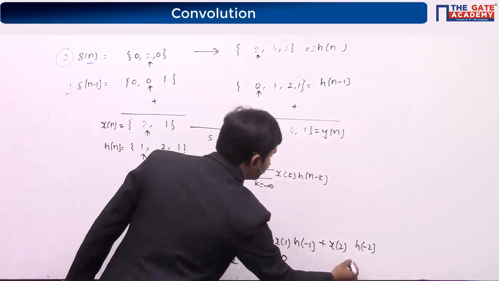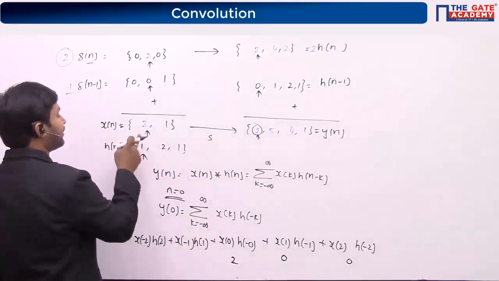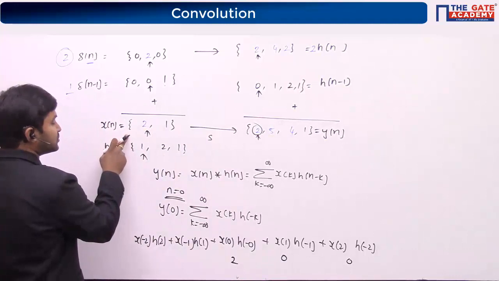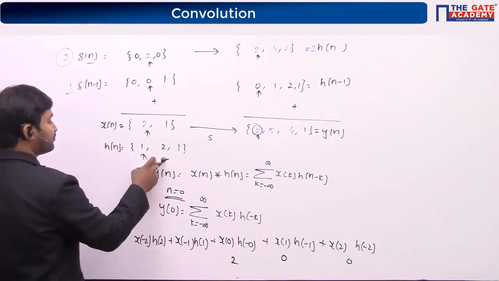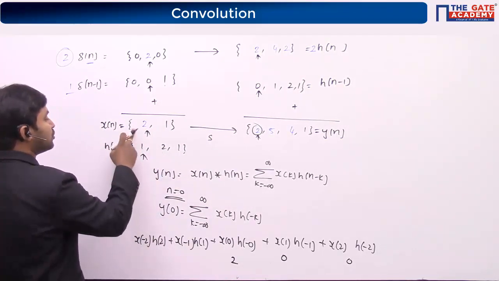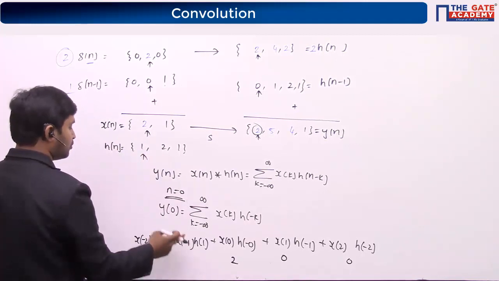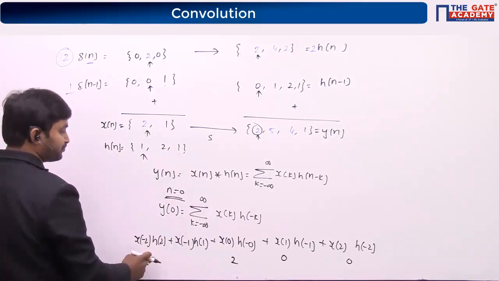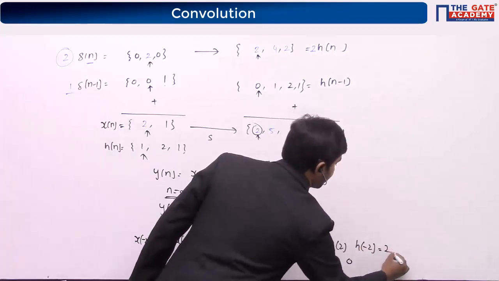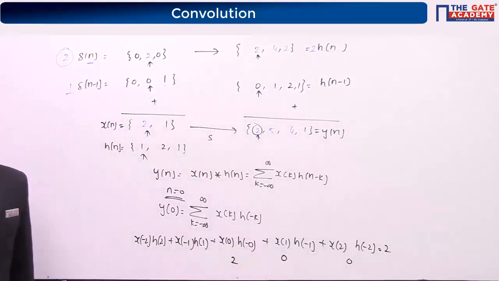So this side is completely 0. On this side, x of minus 1 is 0 and h of 1 is 2, so 0 multiplied by 2 is 0. Again here also it is 0. So totally the value is 2.